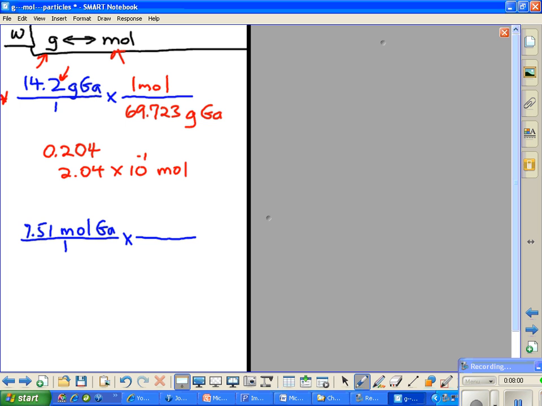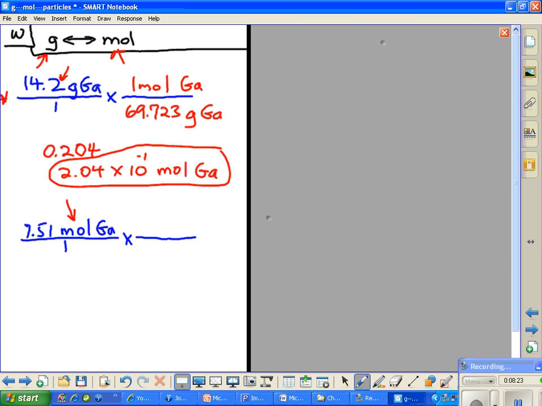of gallium. And we should have had moles up here of gallium. And so that's all fixed up. So here's our answer for this guy. Now let's go to the second one, which is the reverse process. In the first one we were given grams, and this one down here we're given moles.